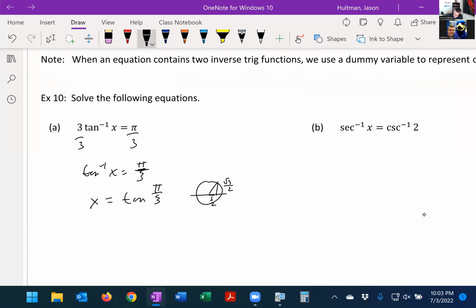And so the tangent of this is going to be radical 3 over 2 over 1/2. So again, this is the y over the x, right? So x is equal to radical 3 over 2 over 1/2. The 2's are going to cancel. Radical 3 divided by 1 is just radical 3. And so x is equal to radical 3.